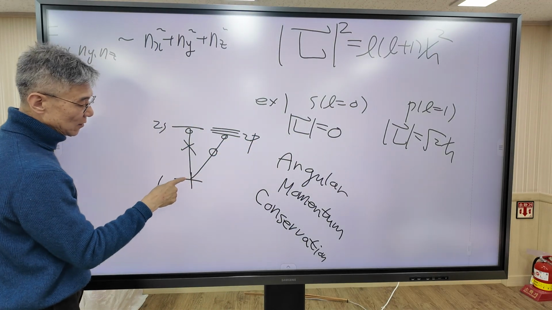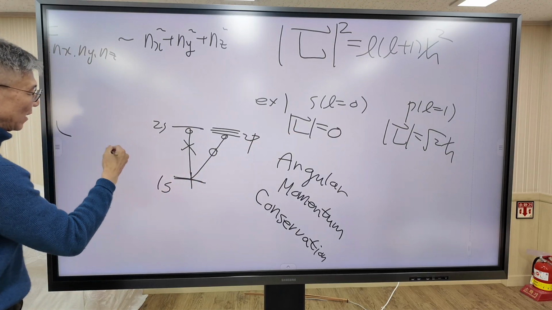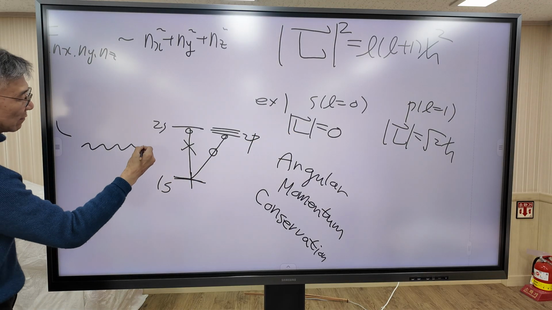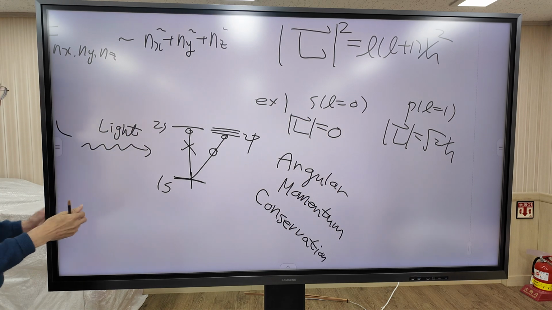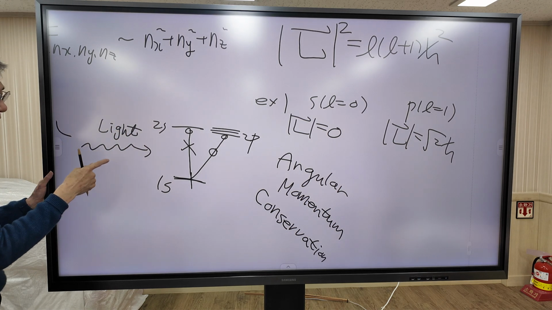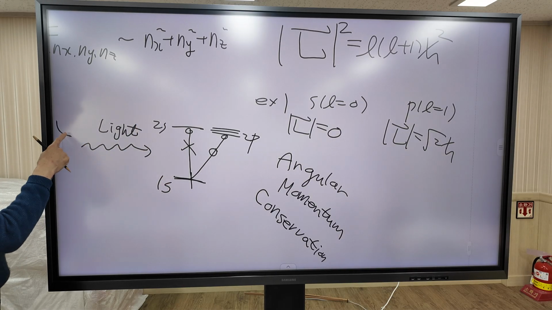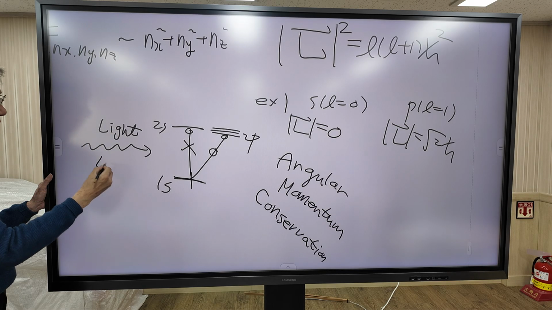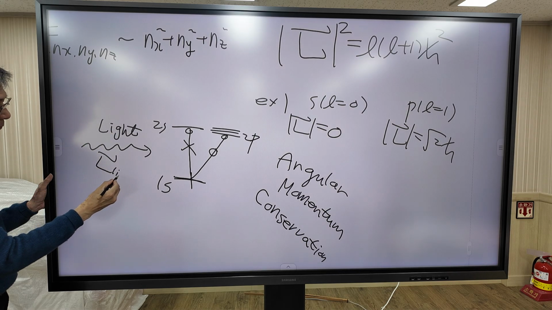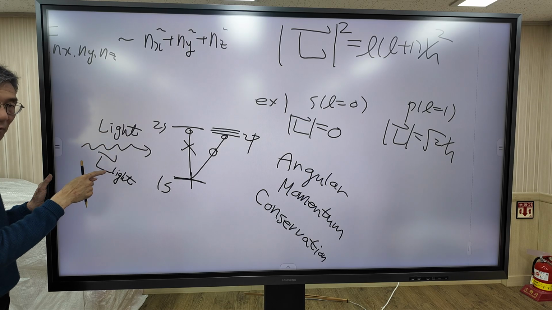Now assume that the electron is initially in the 1s orbital, but as I said before, the electron in the 1s orbital has no angular momentum, and I'm going to irradiate light, a photon. I'm going to shoot a photon to excite the electron from 1s to 2s orbital. Light is a particle, so it has angular momentum.